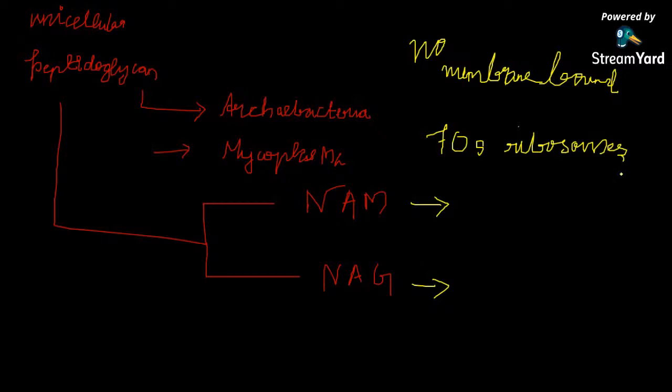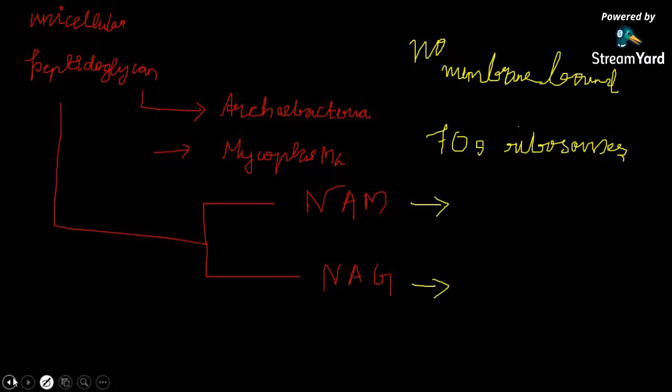Ribosomes are non-membranous, so this non-membranous organelle, the 70S ribosome, is present in kingdom Monera. And the reproduction of kingdom Monera is asexual.